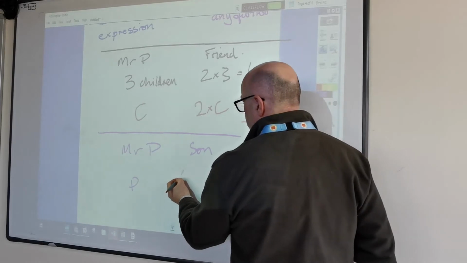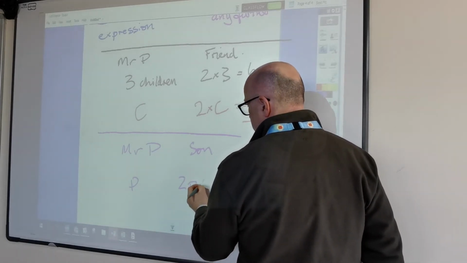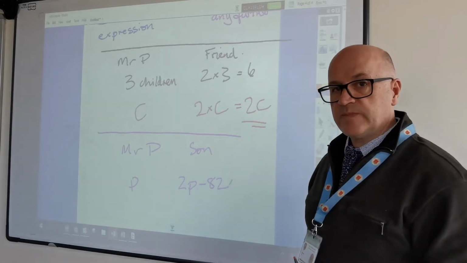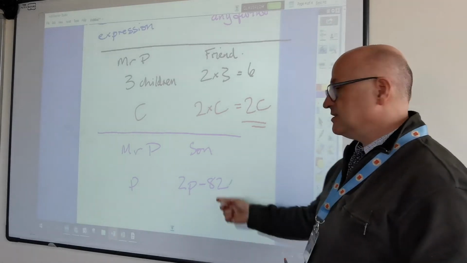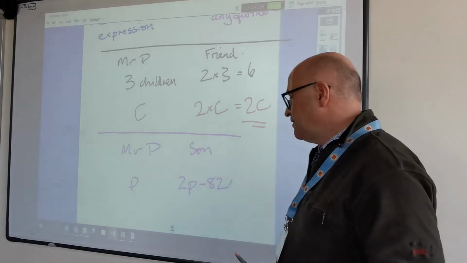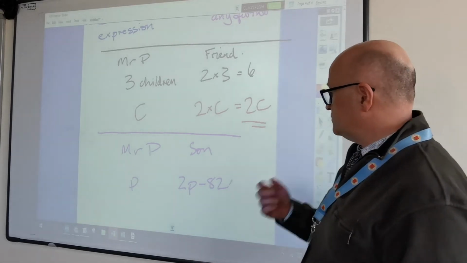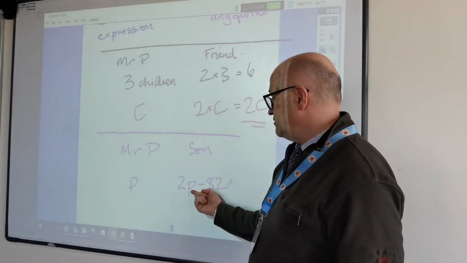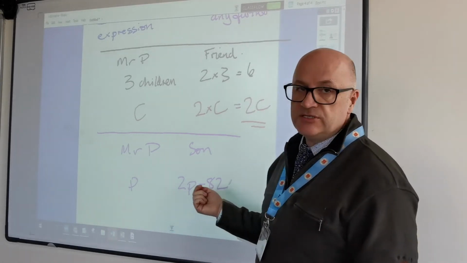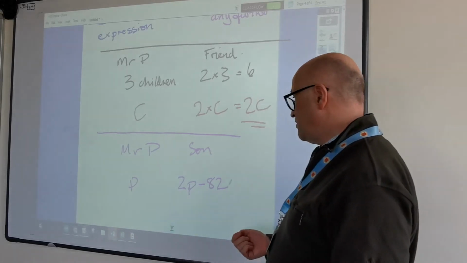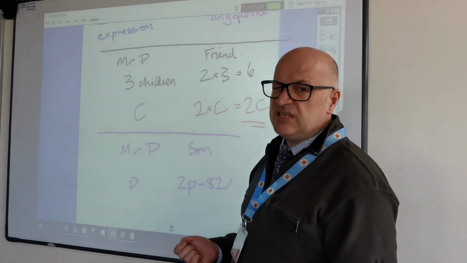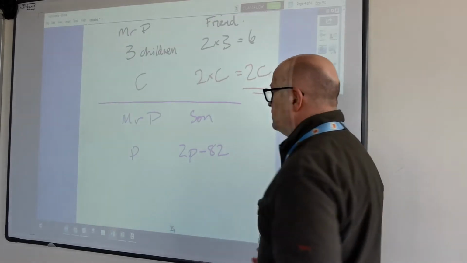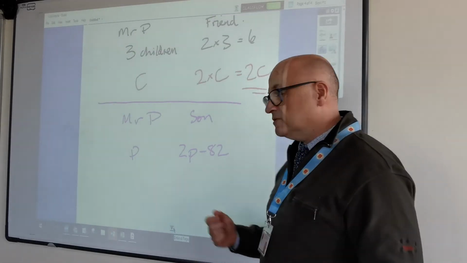So all I know is that I've got to double my age, take away 82, and that'll tell you how old my son is. Obviously that tells you that I'm older than 41. But say I was 60, you do 2 times 60, you get 120, take away 82 is 38. Is my son 38? No, he's not. So it's all about working with what you do know.